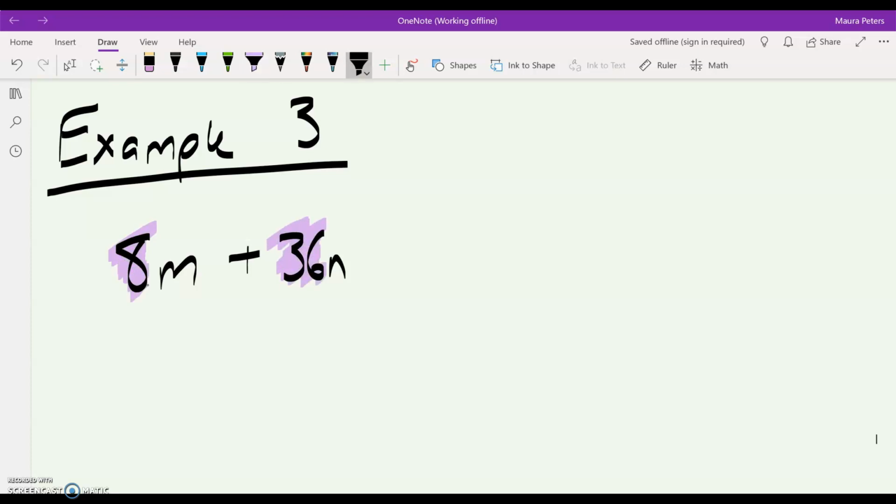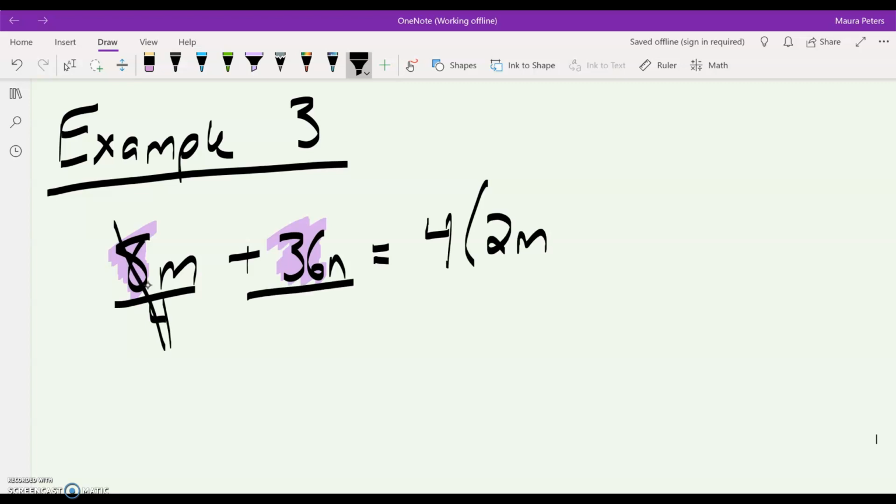I'm going to ask myself, what is the greatest common factor that they both share? In this case, for 8 and 36, the greatest common factor would be 4. If I divide this piece by 4, what I'm left with is 2m. And if I divide this piece by 4, what I'm left with is 9n.